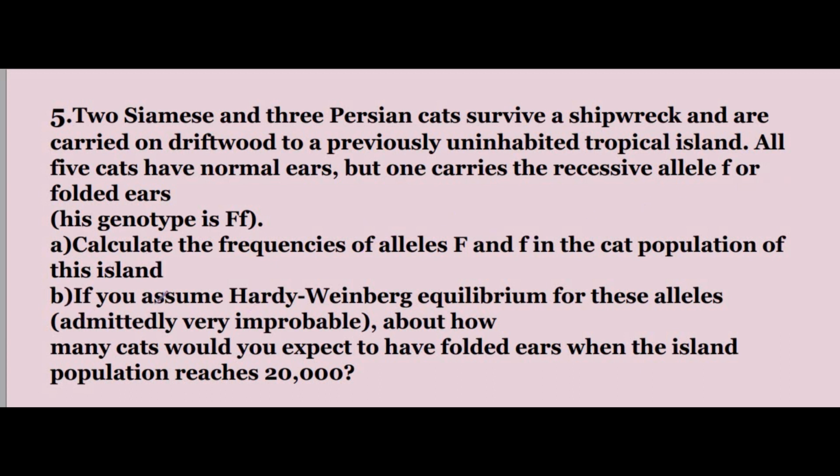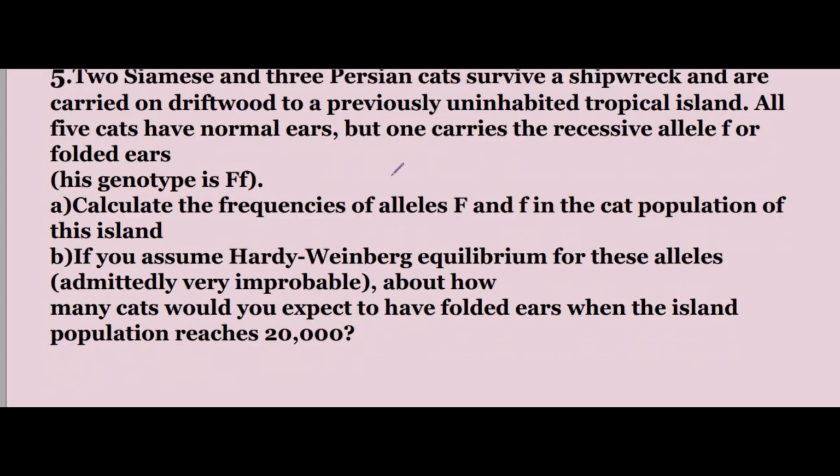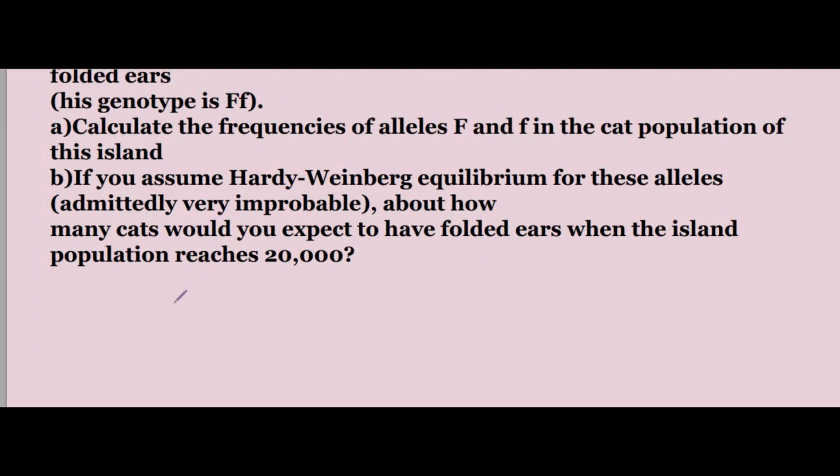And the second part is, if it is in Hardy-Weinberg equilibrium for these alleles, about how many cats would we expect to have folded ears when the island population reaches 20,000. And how we have to calculate it. So now what is given, 2 Siamese and 3 Persian cats. So total cats would come out to be 5.